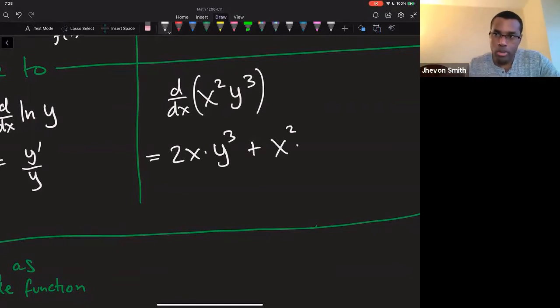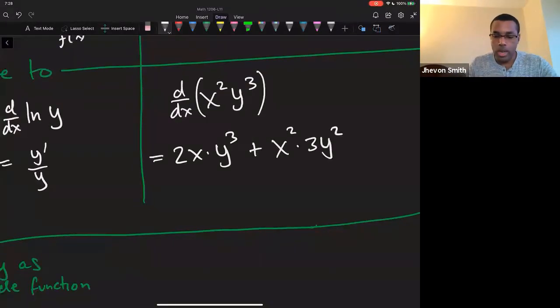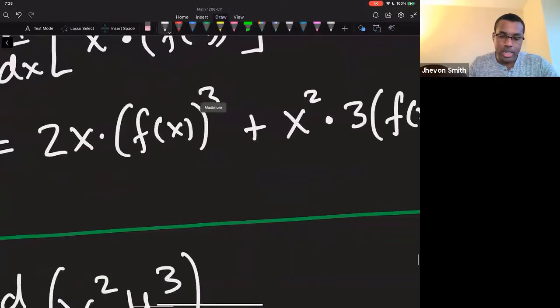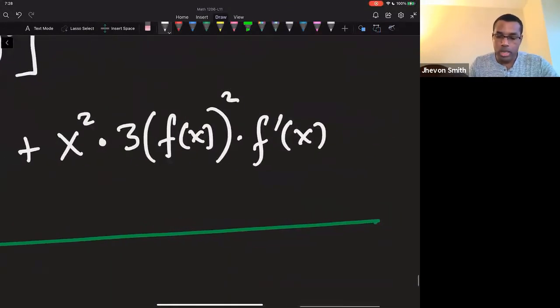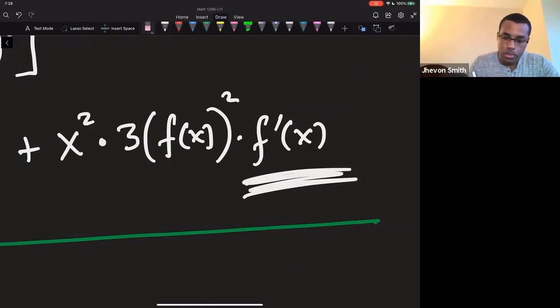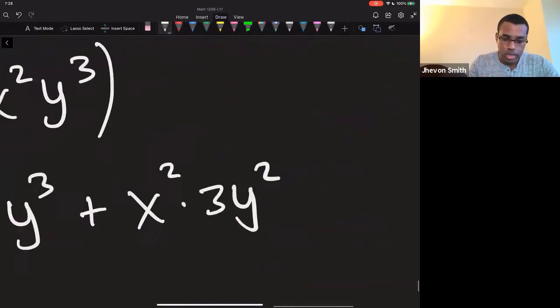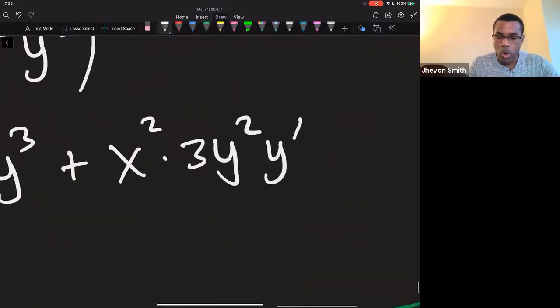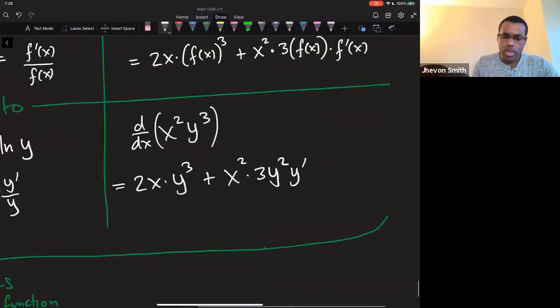Now, how would you differentiate a y cubed? Students would tend to just apply the power rule and just say, oh, that's 3y squared. However, that would be incorrect because the y is an inside function, which means the chain rule demands you have to multiply by its derivative, which means I need to multiply by a y prime here.